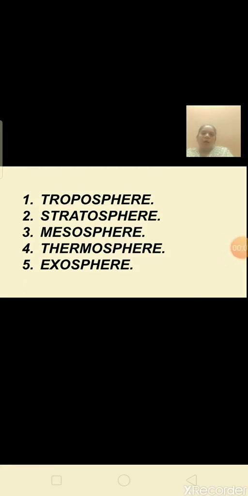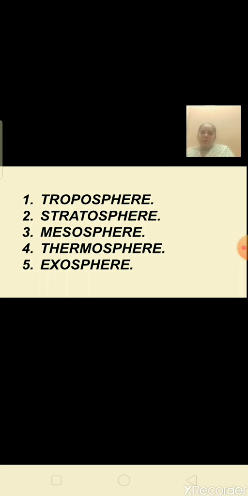Children, our knowledge about the atmosphere is based on the information received through radars and satellites, and hence through that we know that the atmosphere is a layered structure divided into 5 layers. Now we are going to look at the first layer.